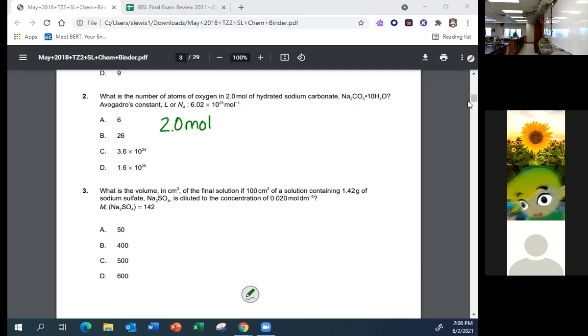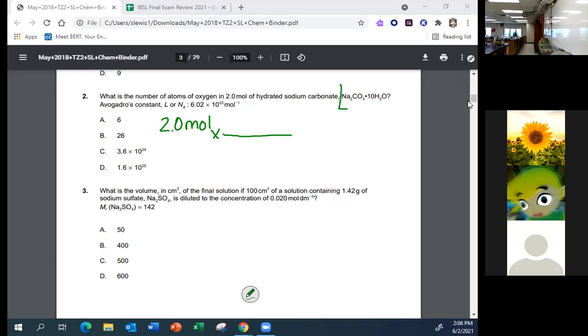All right, so 2 moles of the sodium carbonate decahydrate. So I'm going to say 2 moles of that. What do I want to really know about? I want to know about oxygen. I don't want to know about the whole compound.